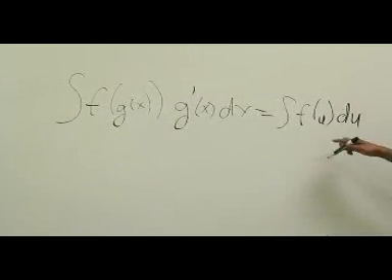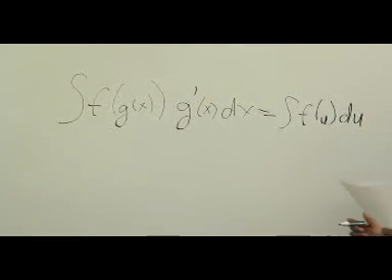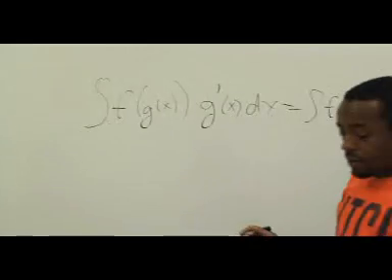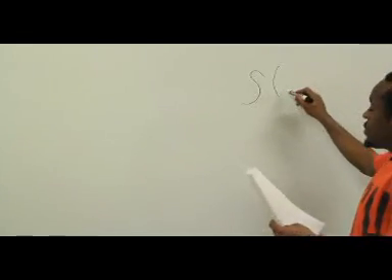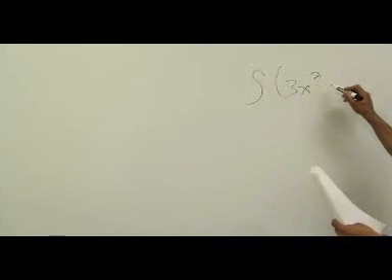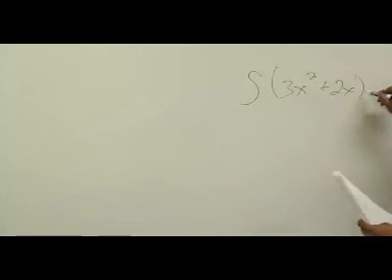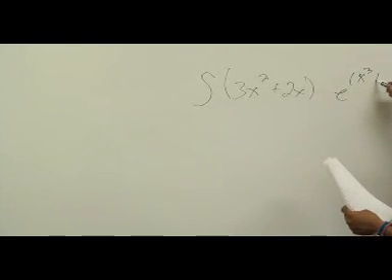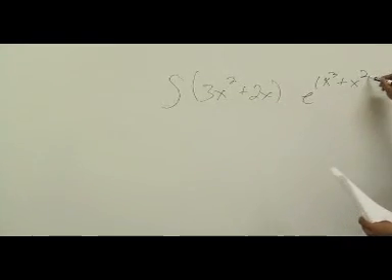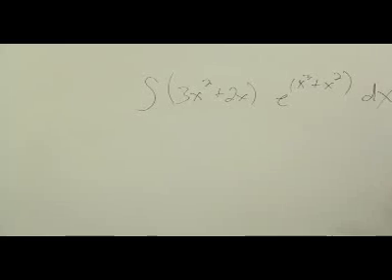And now we will apply this to a problem for u substitution: the integral of (3x squared plus 2x) e to the (x cubed plus x squared) dx.